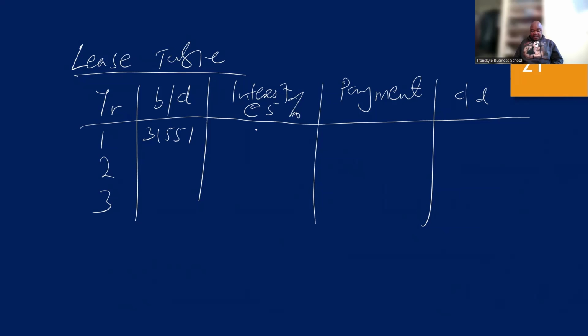So 31,551 multiplied by 5%, we come to 1,578. And we made payment.